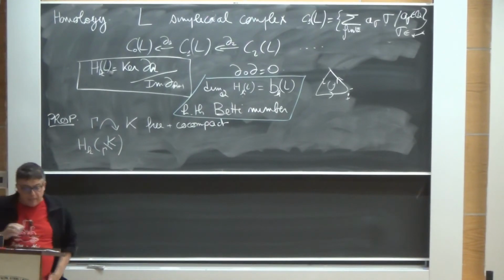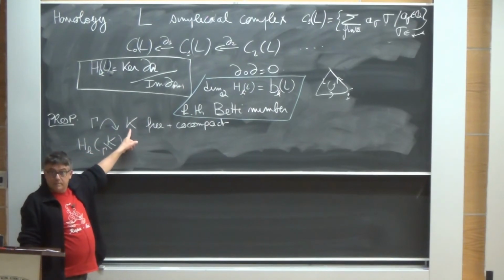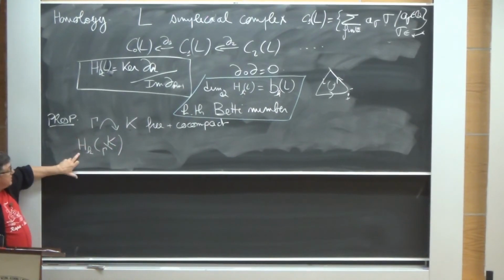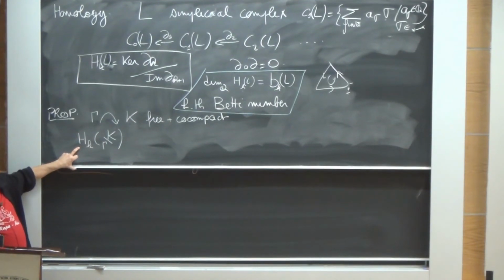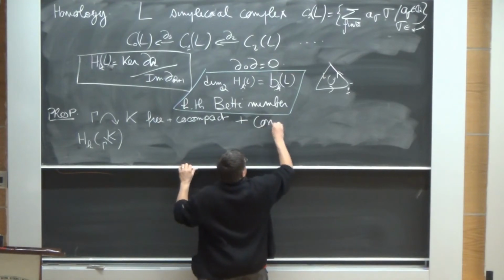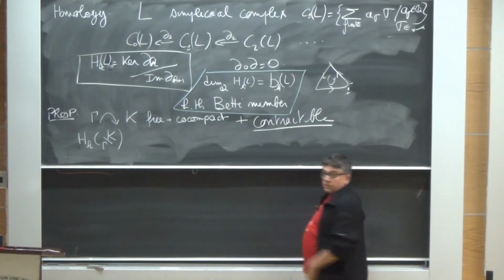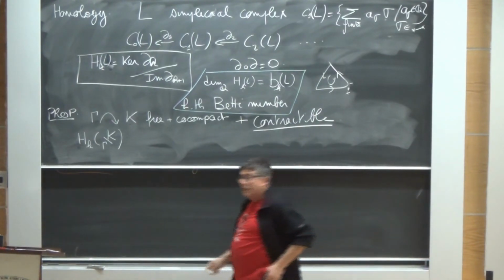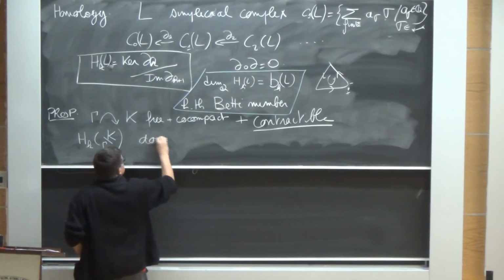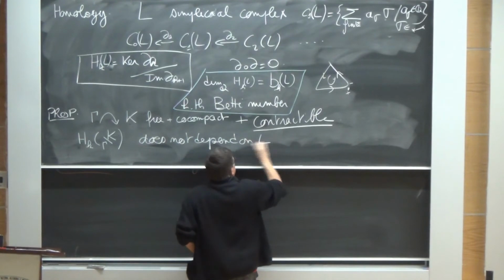And the claim is that if K is contractible, which is the key property, then this vector space does not depend on the particular choice of K.